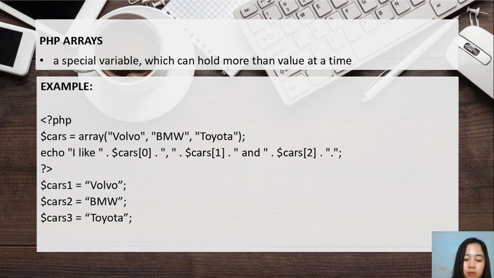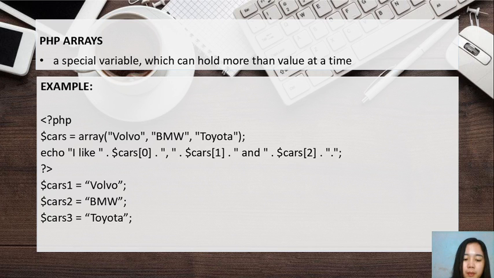You can hold all the cars in one variable, and access them by referring to their index numbers. The index number always starts with 0.